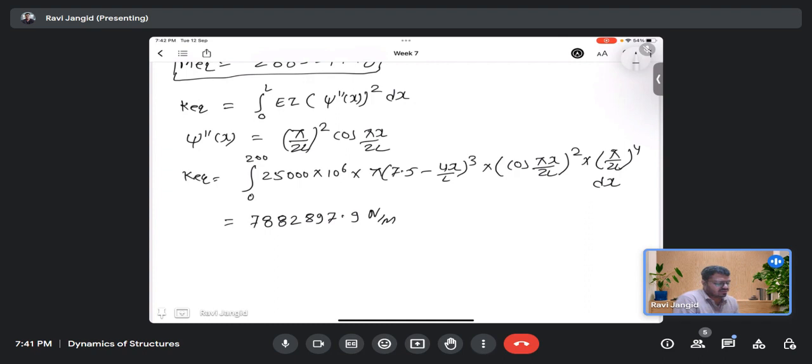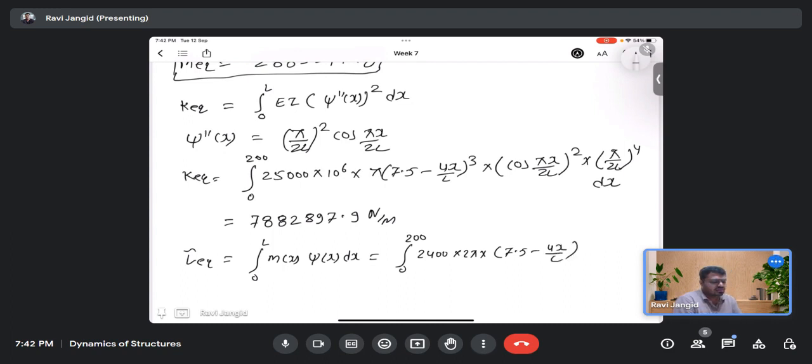Before that, let me find out the L equivalent also. That is integral from 0 to L of mx psi x dx. So the mx from 0 to 200, that is 2400 into 2 pi into 7.5 minus 4x by L into 1 minus cos pi x by 2L into dx.